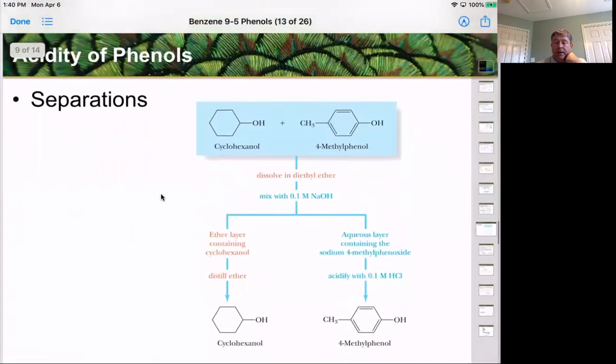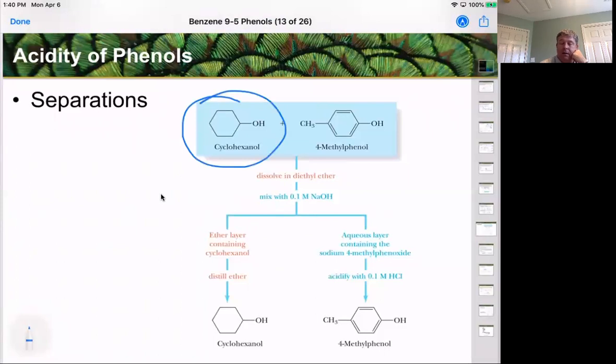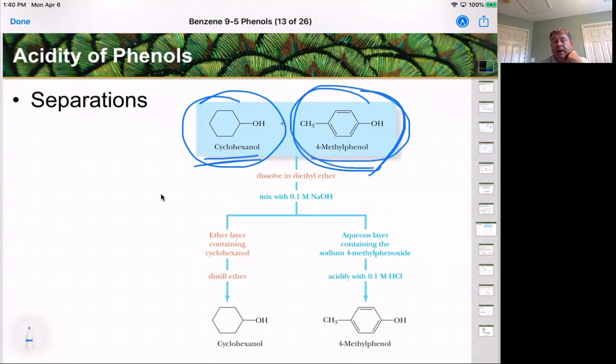So what we can use this for is to help us separate things. Here we have a secondary alcohol, and here we have a phenol. Now we know from our previous discussion that the alcohol is not acidic enough to be removed with sodium hydroxide to make the salt, but we know phenols are acidic enough to react with hydroxide to make a water-soluble salt.